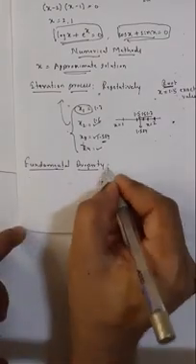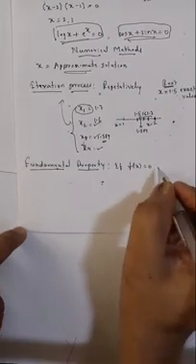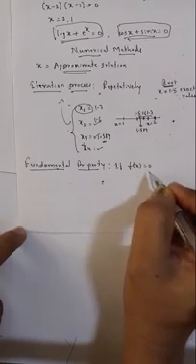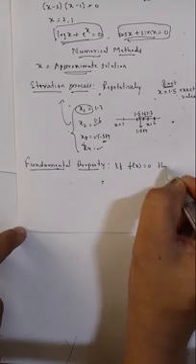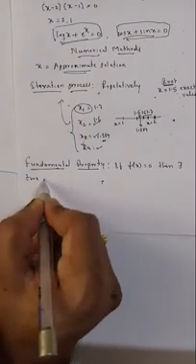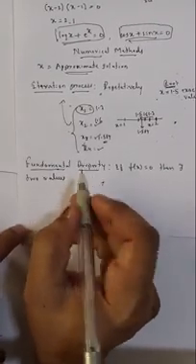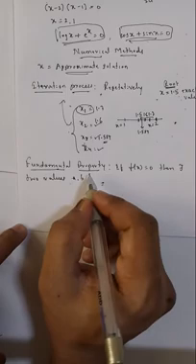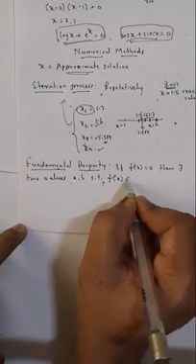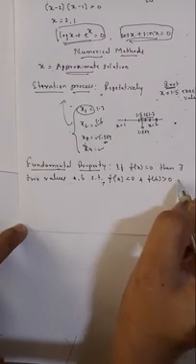See, if f of x equal to 0 is the given equation, then there exist two values, a and b, such that f of a is less than 0 and f of b is greater than 0.